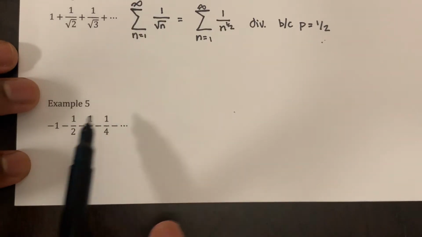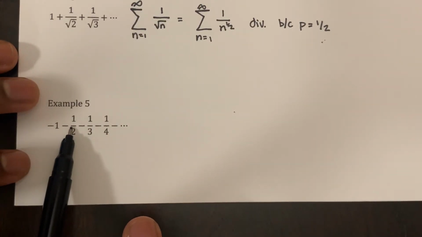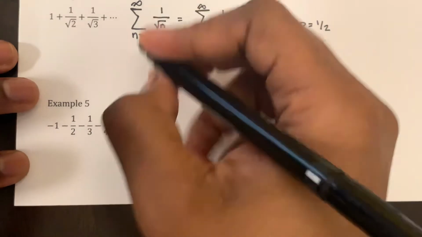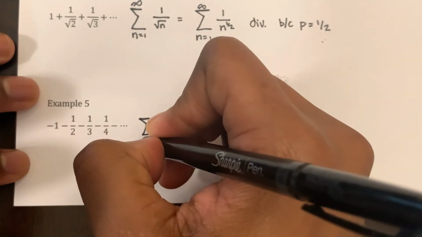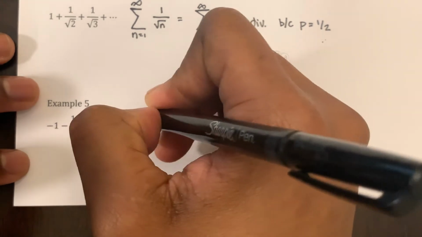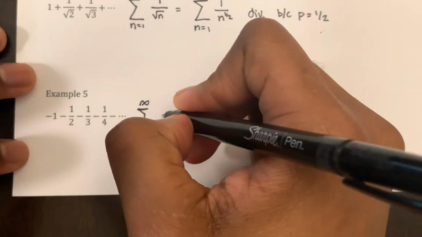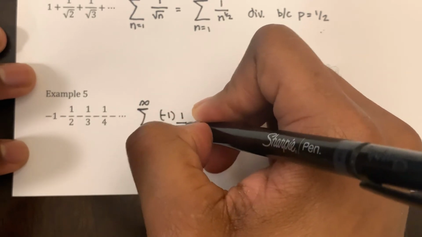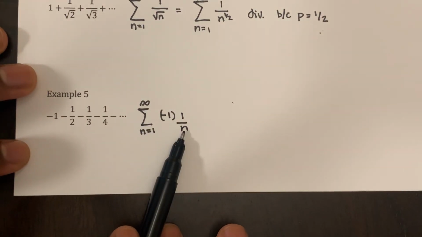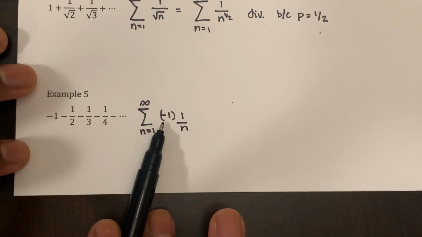For example 5, we have -1 minus 1/2 minus 1/3 minus 1/4. So it seems as if we can rewrite this series to be the sum from n equals 1 to infinity of -1 times 1 over n. And so this is the harmonic series just multiplied by -1.